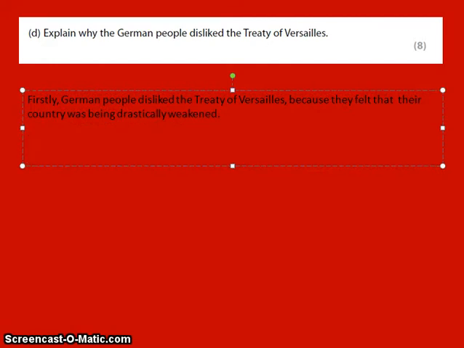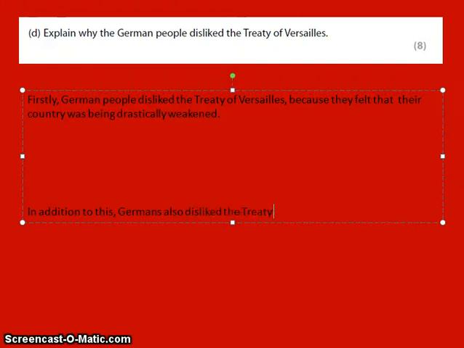I'm going to come back to this in a second and talk about how we would go on to explain that. In addition to this, Germans also disliked the treaty because it crippled the country financially.